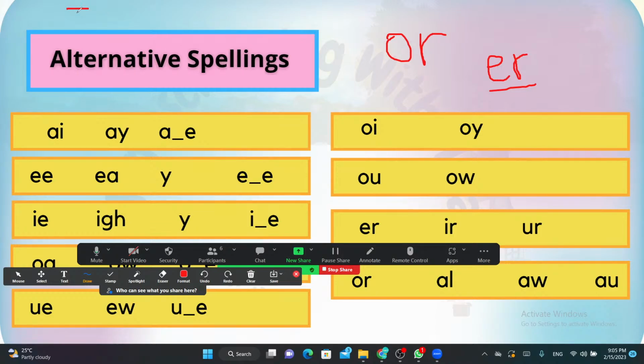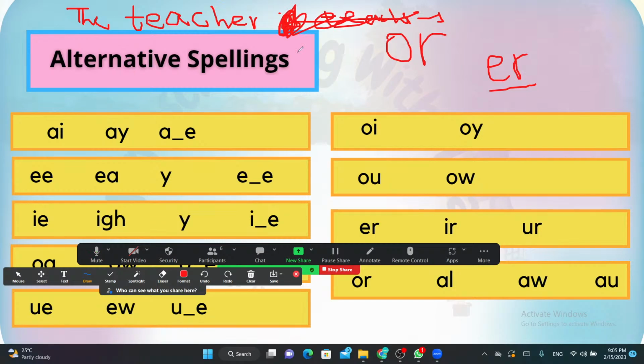For example, the teacher. British English, the teacher. We don't say the teacher. But if we say the teacher is teaching, so now you will pronounce this R, the teacher is teaching. If the next word is not beginning with a vowel, the teacher parks her car in the parking. The teacher parks.